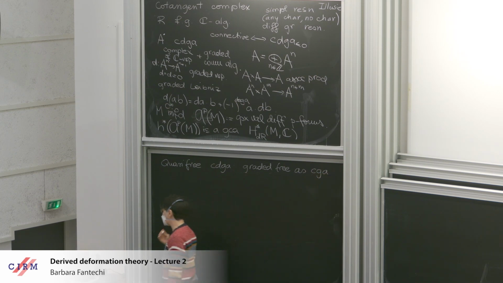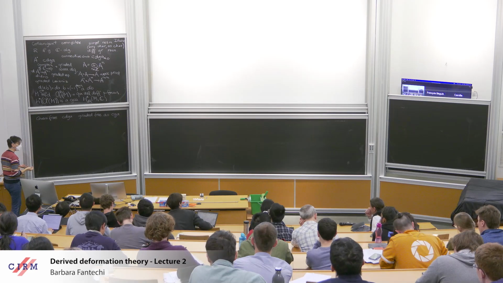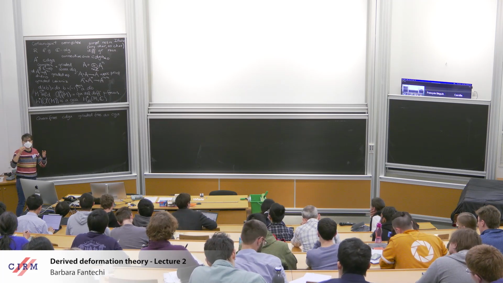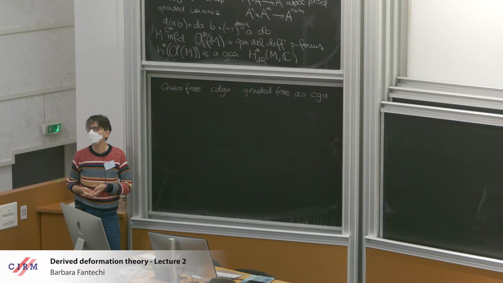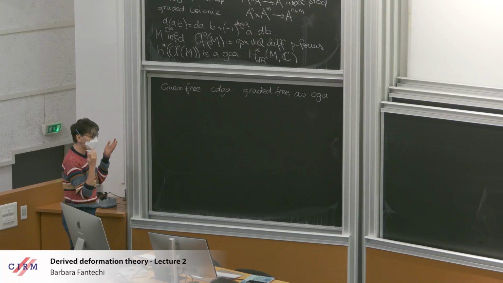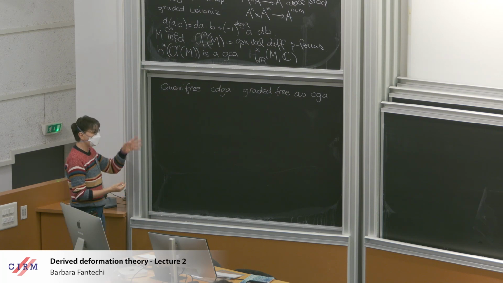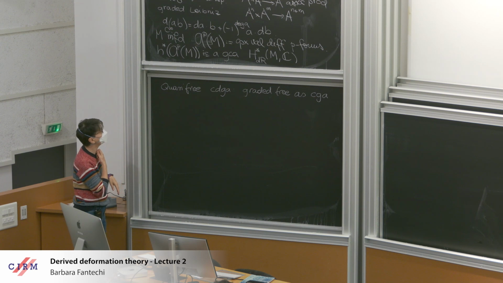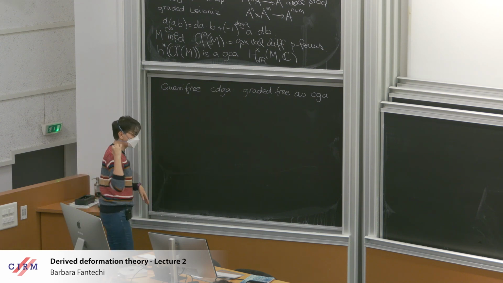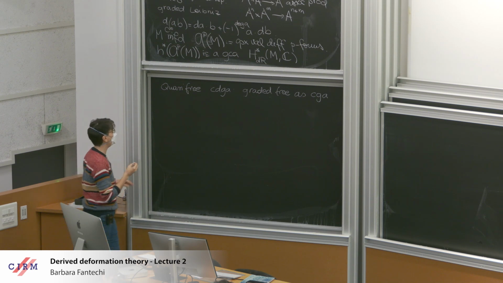So it means that if I forget the differential, I just put free variables in a bunch of degrees. So of course, if I put the variables in degree 0, I get usual polynomials, but in general. And let me give you an example, which is an example that Mauro had.